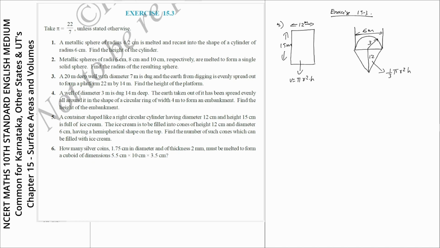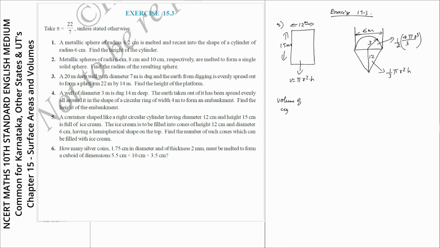And what about the volume of the hemisphere? Volume of a sphere is given by 4 pi r cube by 3. So half of this will give the volume of the hemisphere.